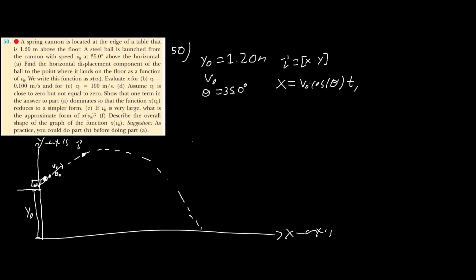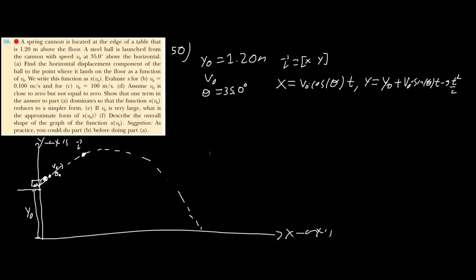And Y is going to be some initial position plus V naught times sine of theta times time minus gt squared over 2. Now, those are your two equations that we're going to be working with.